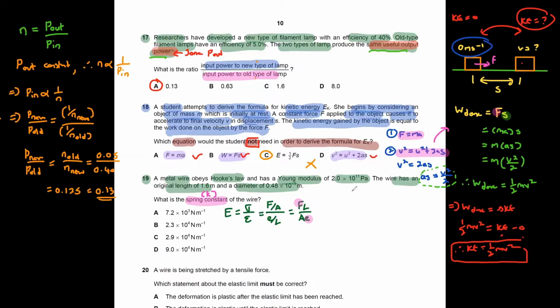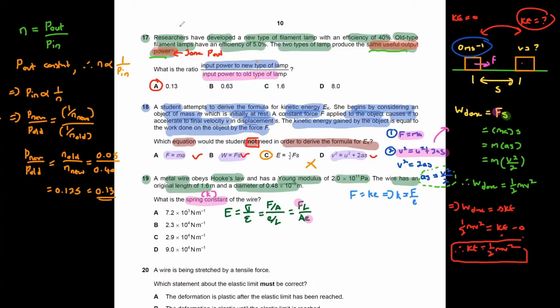Now, in your case, you try to group F over E together because Hooke's law was basically this one, isn't it? F is equal to KE. I replace X with E here, E being my extension, so that K is actually F over E. I'm trying to find out F over E from the first equation here.